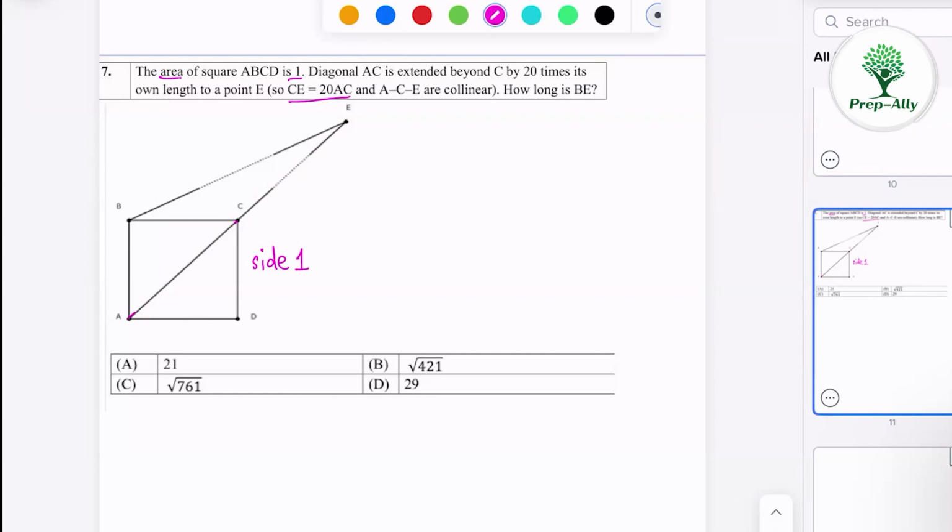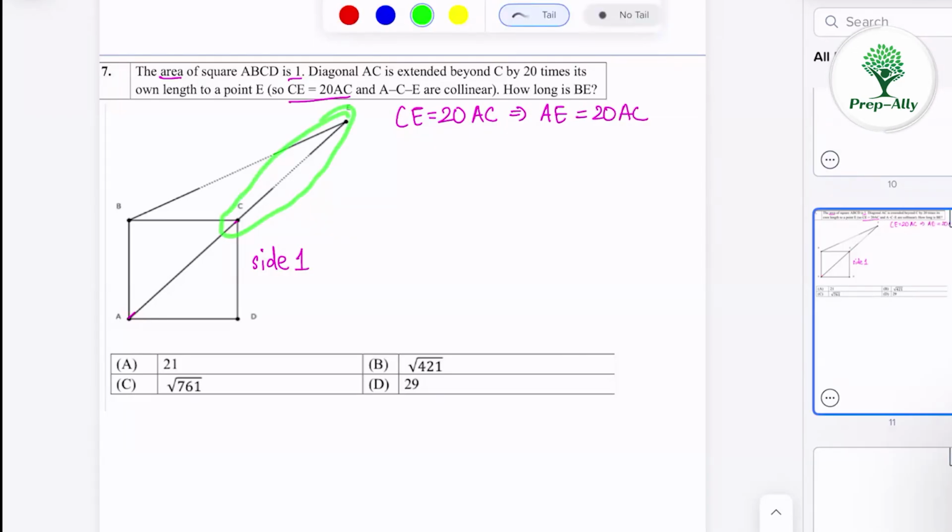Now the length, if CE equal to 20 AC, then AE equals 20 AC, that is CE, plus AC, that is AE. So 20 AC plus AC, which is 21 AC.